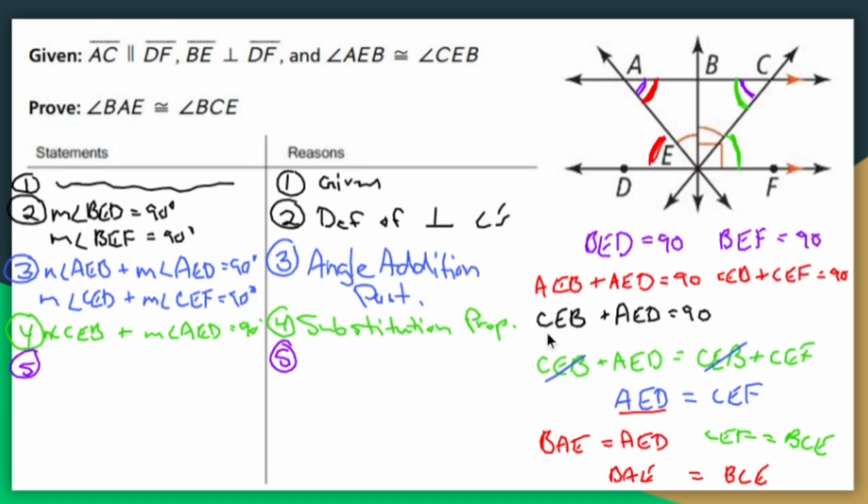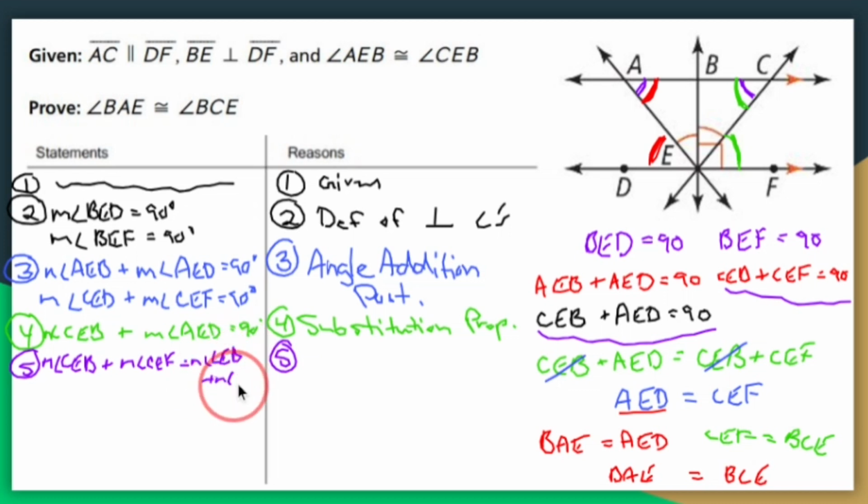Once I have this guy equals 90, that guy equals 90, I set them equal to each other. So that was the measure of angle CEB plus the measure of angle CEF equals the measure of angle CEB plus AED.